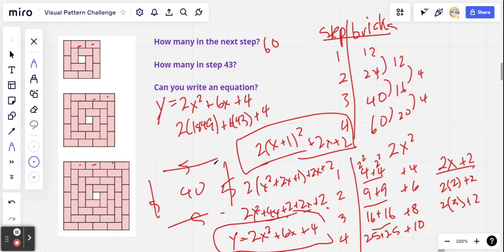Let's see, 6 times 43, 240 plus 18, 258. You can double check this, but I think I'm getting 3,960 bricks in step number 43. Double check that for me. I'd love to know if I got that right.